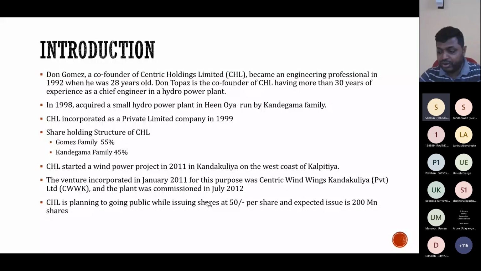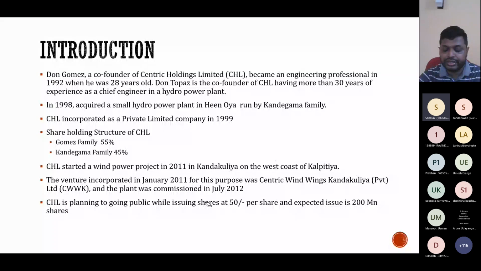We don't have any clue about what will happen, but most likely they will withdraw the investment. Then CHL will pay back and take the equity holding. Then altogether 89% will be held by CHL.